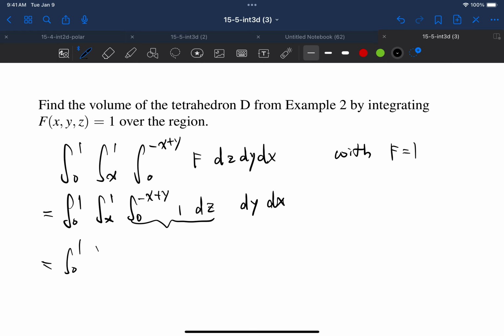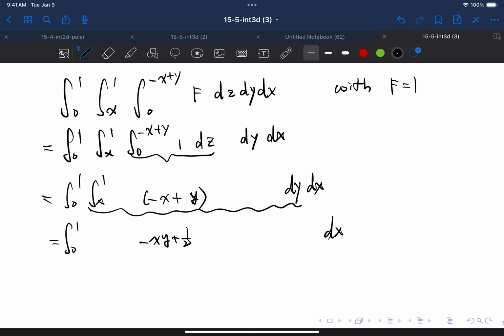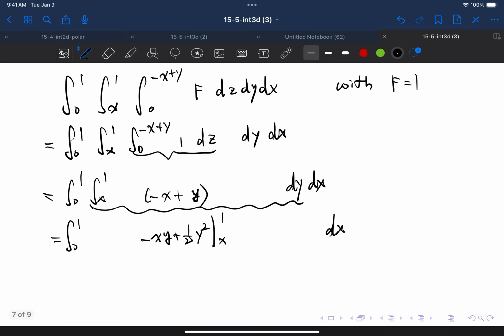Outside I'm just copying down, and inside, if we do the antiderivative, it is basically negative x plus y. And then now the inner integral is the dy term, so outside is not changing, and inside the antiderivative is negative xy plus 1/2 y squared, from x to 1.